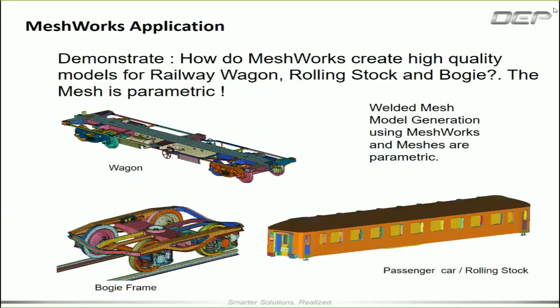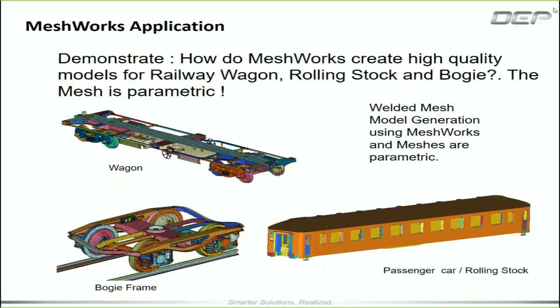So this is how Meshworks is applicable in the railways. Using Meshworks, we can create high quality railway wagon, rolling stock and bogie models. And the best part is that when you model your mesh using Meshworks, it becomes parametric. So at a later stage, when you want to optimize your design, a user doesn't have to create any offsets or any control blocks.